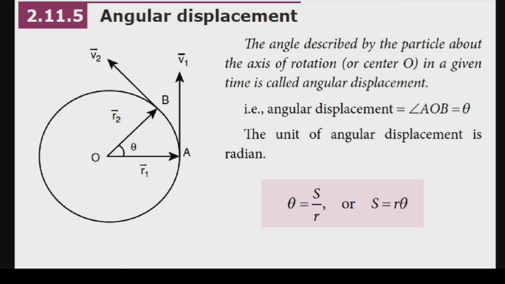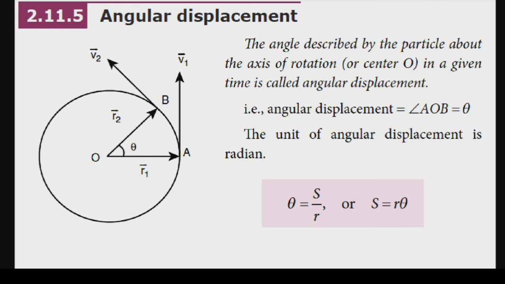Angular displacement. The angle described by the particle about the axis of rotation in a given time is called angular displacement. The particle rotates in a circle, depending on time. So this angular displacement is equal to the angle AOB, which is equal to theta.